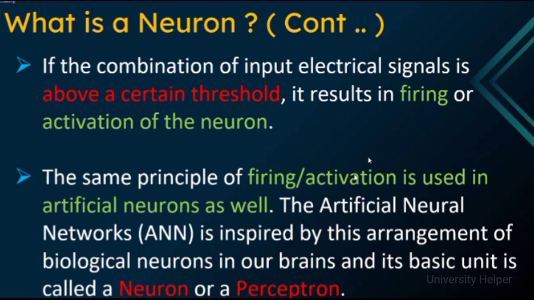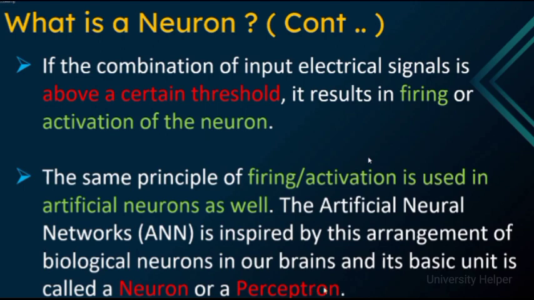According to the different scenarios, for example stock prediction, classification, clustering, image recognition or text recognition, there are several activation functions available. You have to use the respective activation function to trigger that neuron. That's another important thing. Artificial neural networks are inspired by this arrangement of biological neurons in our brains, and its basic unit is called a neuron.